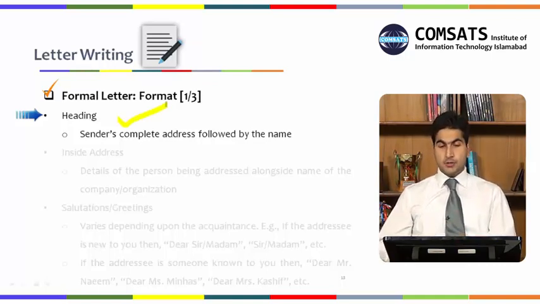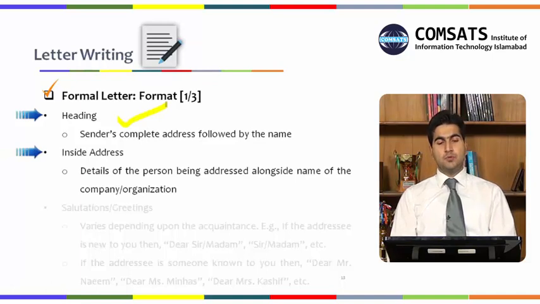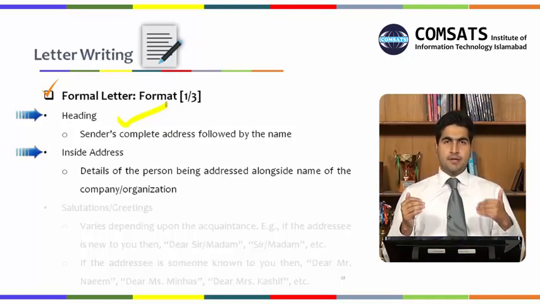Once you have provided the heading, you'll move ahead and come towards the inside address. This inside address refers to the point which I mentioned in the beginning: details of the person being addressed alongside the name of the company or organization.